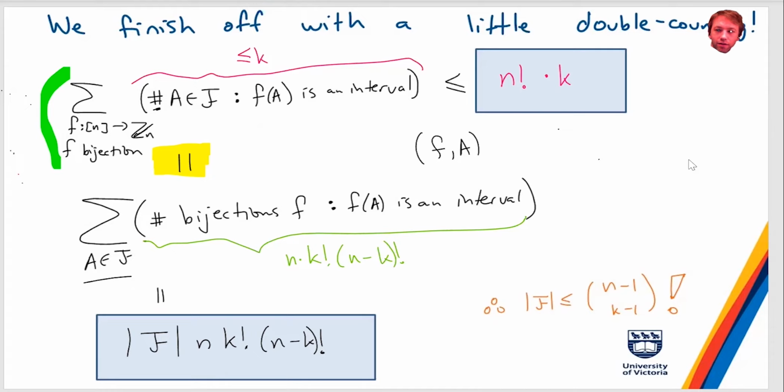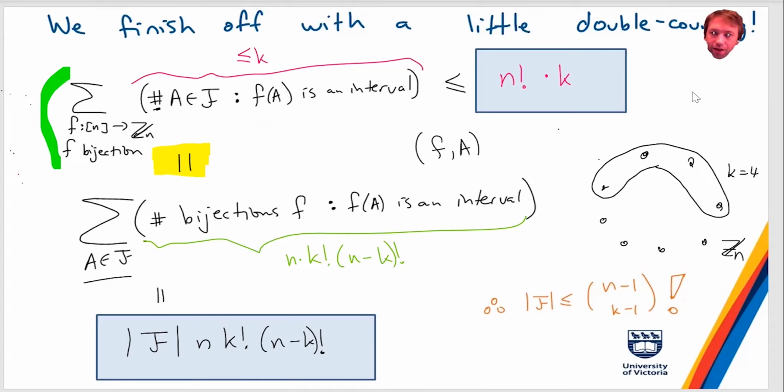So in Z mod n, an interval is just a set of consecutive points. If k is 4, then this is an interval of length 4, of length k. If I take 1 up to n and take a set A of size 4 from there, there's going to be a certain number of bijections. 1 up to n and Z mod n have the same size, so there's a bijection between them.